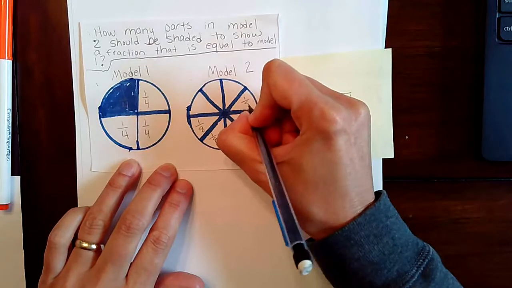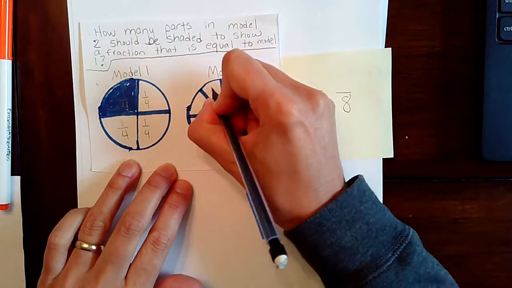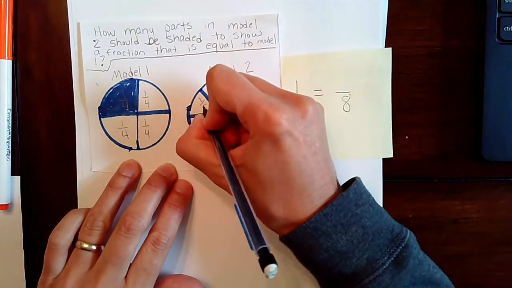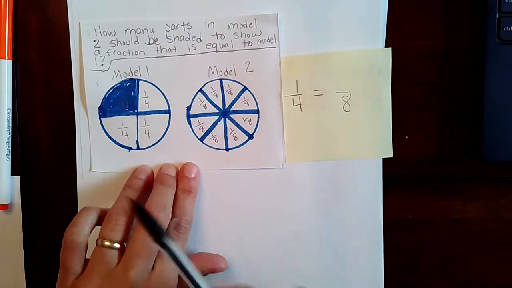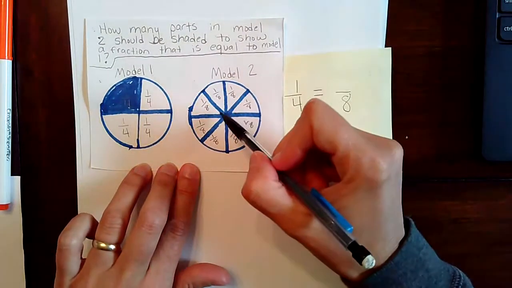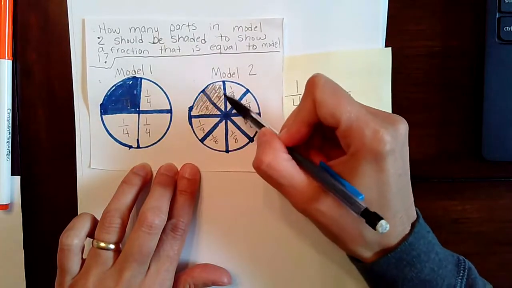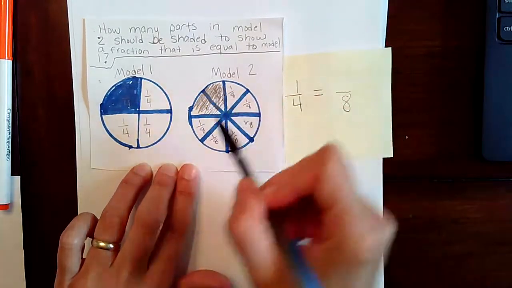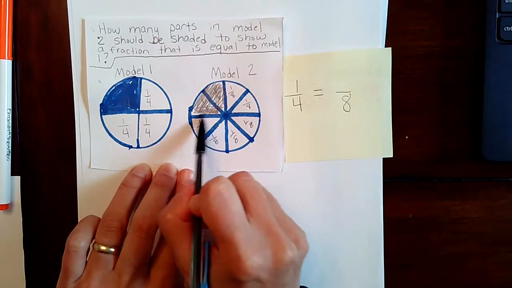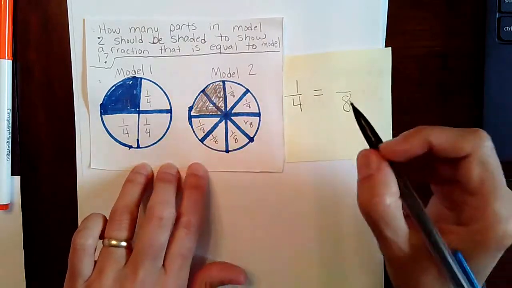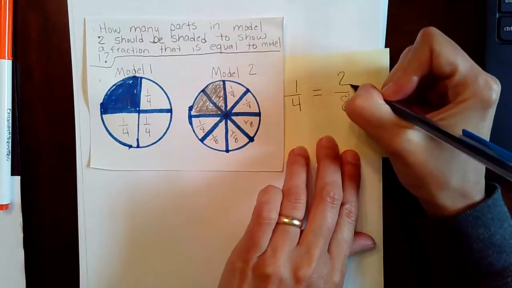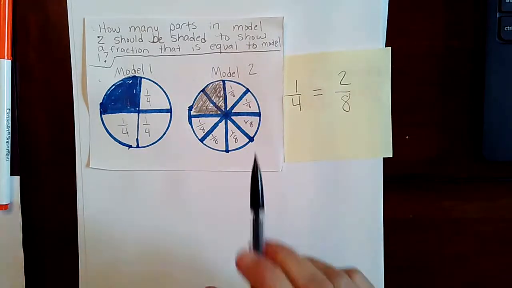We label all of them, even the ones that we are going to shade or that have been shaded. So for these two to be equal, I hope you said that we shade 2 pieces, 2 parts, or 2/8. 1/4 is equal to 2/8.